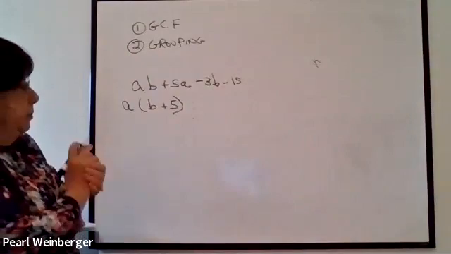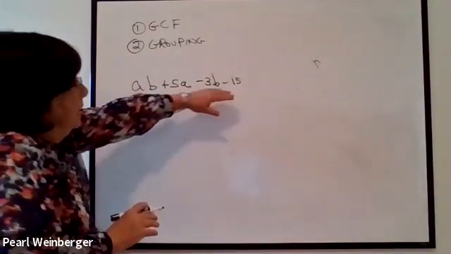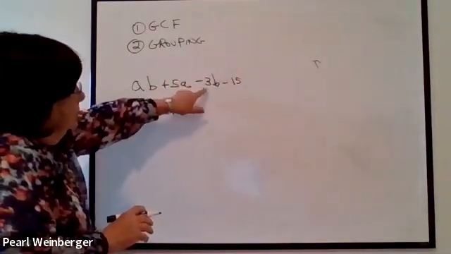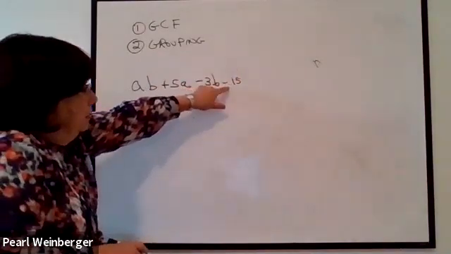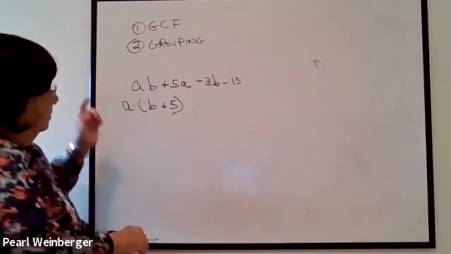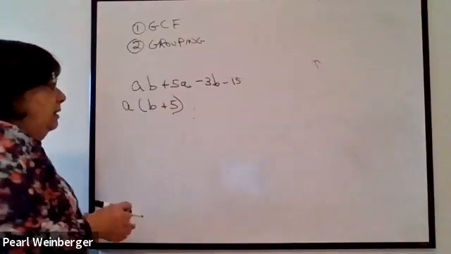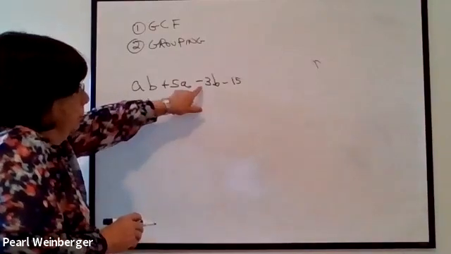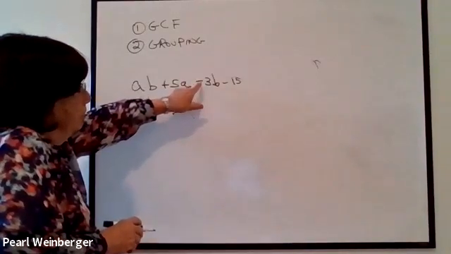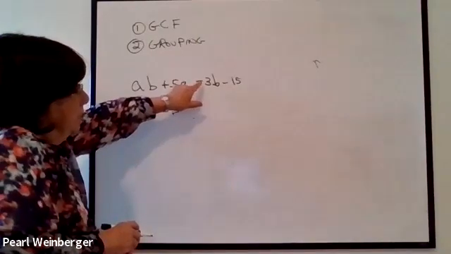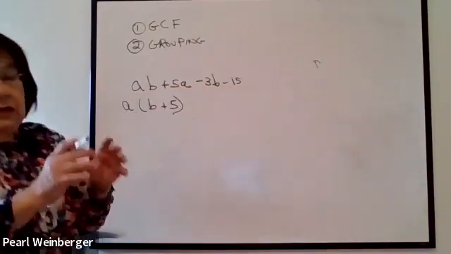Okay, now let's look at our second group, the negative 3b minus 15. What's interesting here is that the first number of the group happens to have a negative.